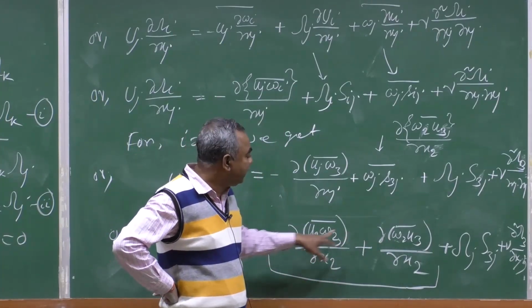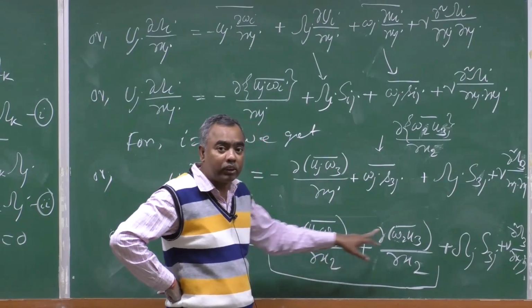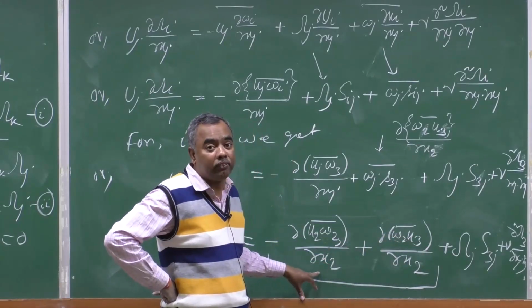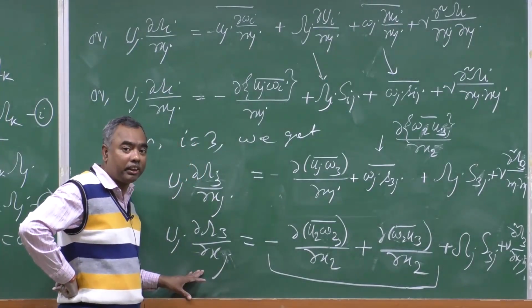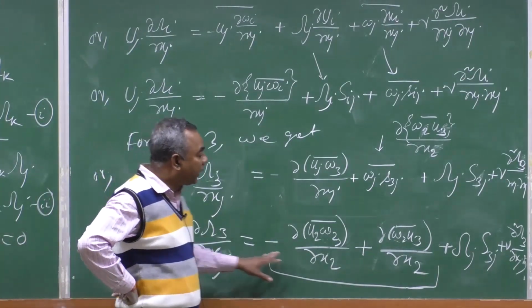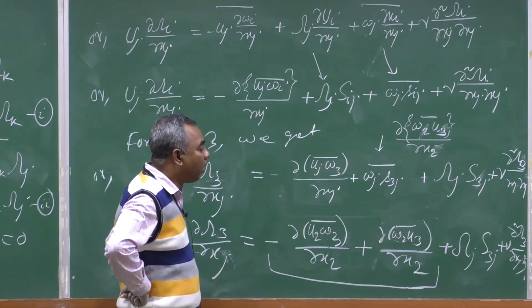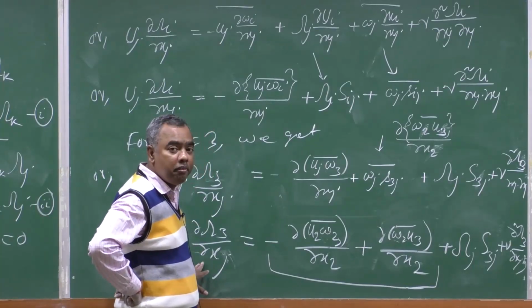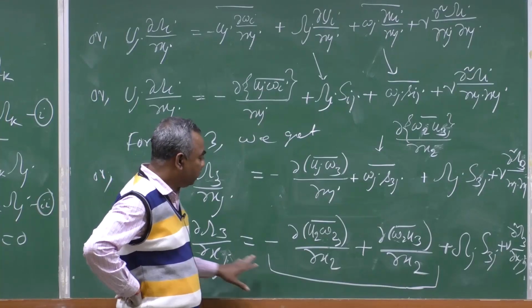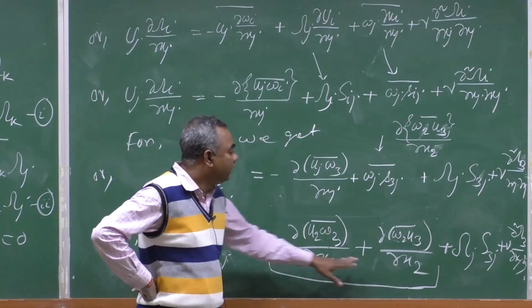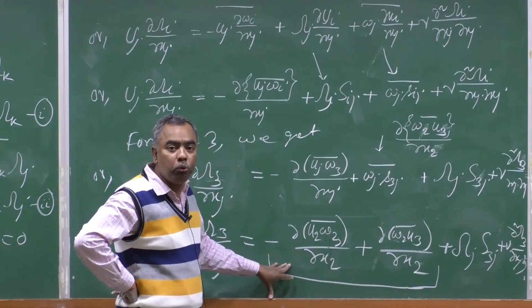This is the body force, and the gradient of this body force is changing the mean vorticity. That is the explanation of these two terms.